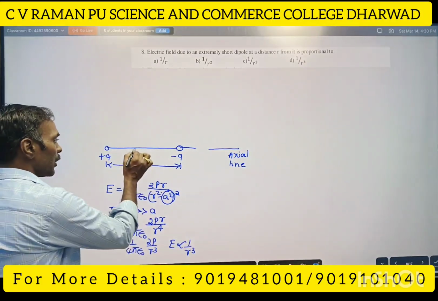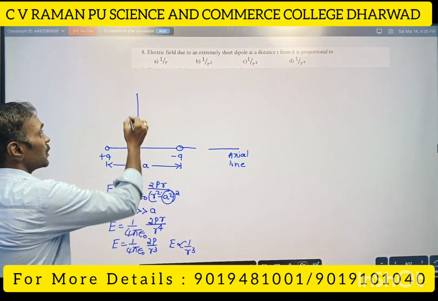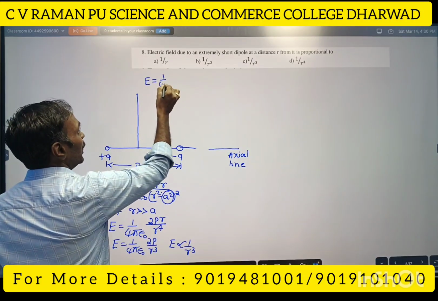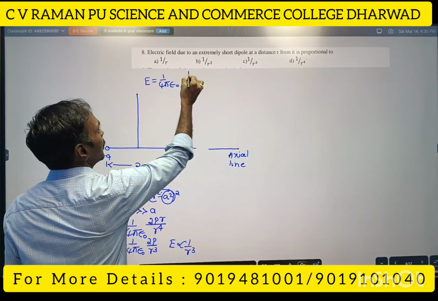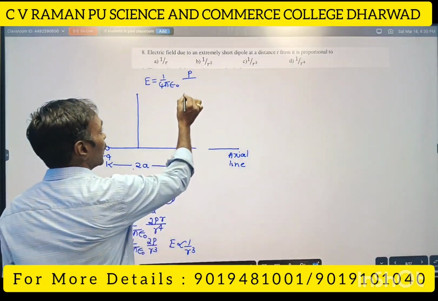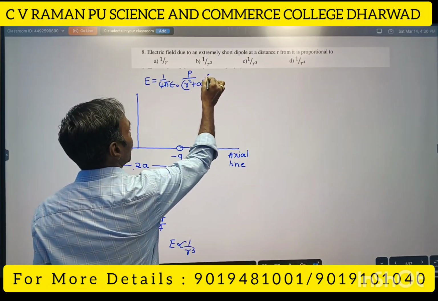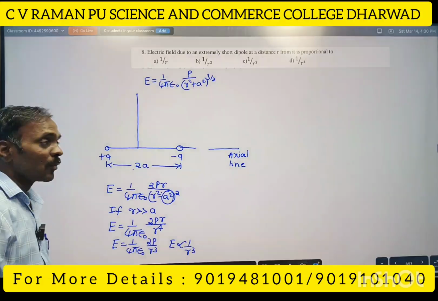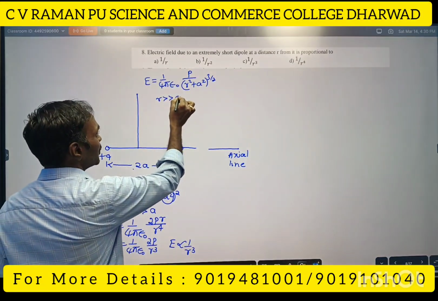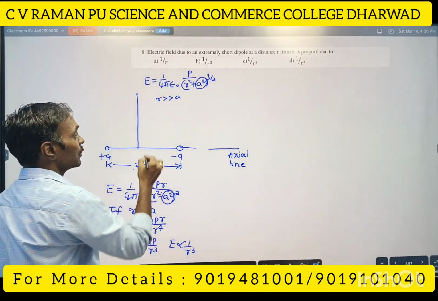Now what about the electric field at a point on the equatorial line? Electric field at a point on the equatorial line is given by E is equal to 1 upon 4 pi epsilon naught, p divided by (r square plus a square) to the power 3 by 2, where p is the electric dipole moment. For a short dipole, the value of r is too large compared to a, so we are neglecting a square.